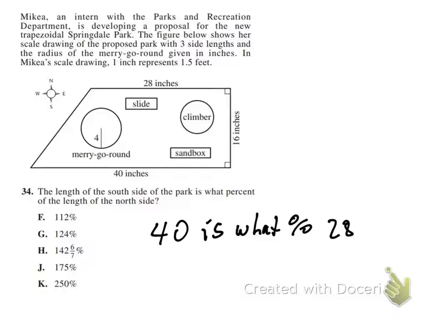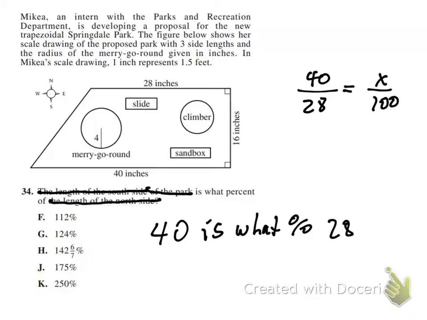Can you see that? The length of the south side of the park is 40. Just replace that with 40. Length of the north side, 28. So then you can use is over of equals percent over 100.